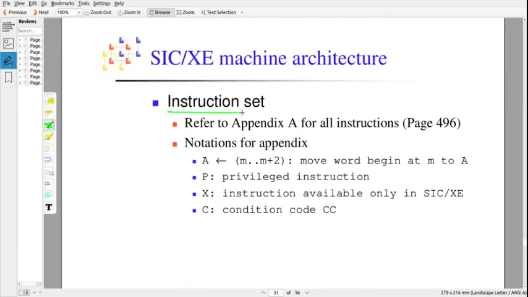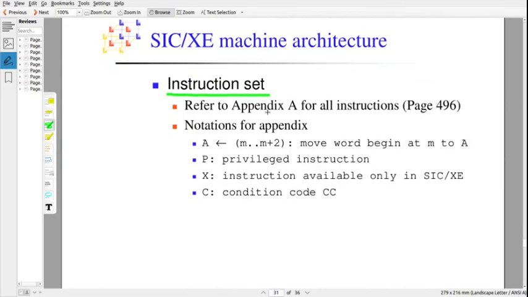The next one is the instruction set. So SIC/XE supports a wide range of instructions. Whenever we require an instruction from the instruction set, at that time we will explain more about those instructions.